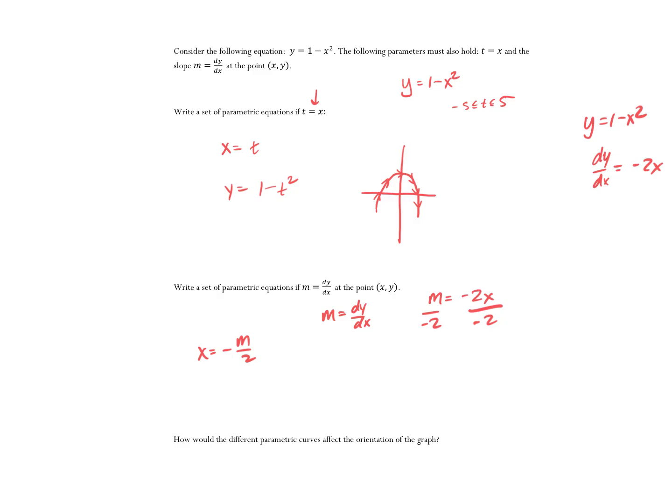And once I know that x is negative m over 2, what's y? 1 minus the quantity negative m over 2, squared, or 1 minus m squared over 4.